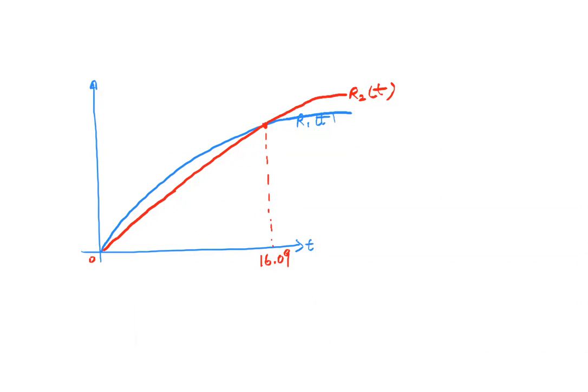Am I right? So we will say the amount of water in the kayak increases for the first 16 minutes. After that, the amount of water in the kayak decreases.